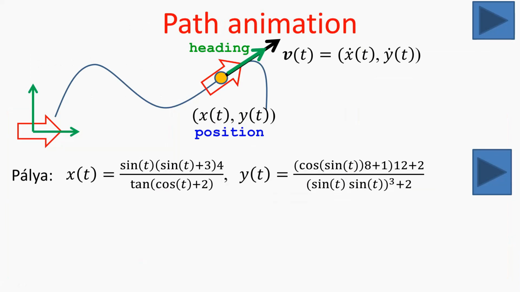I demonstrate this with an example, and this example is path animation. Suppose that on the two-dimensional plane we want to animate an object and force this object to go along a path.